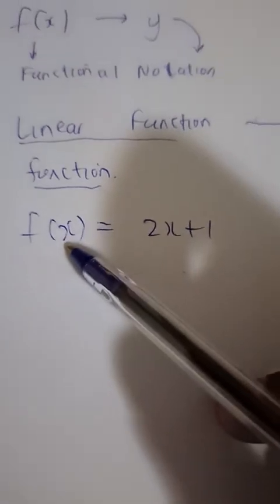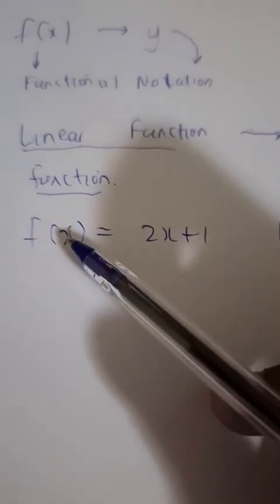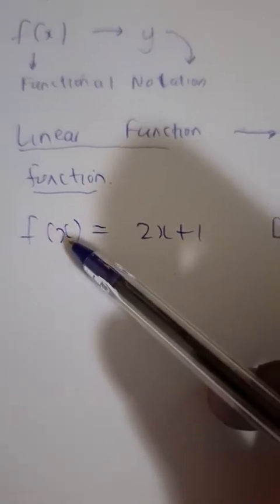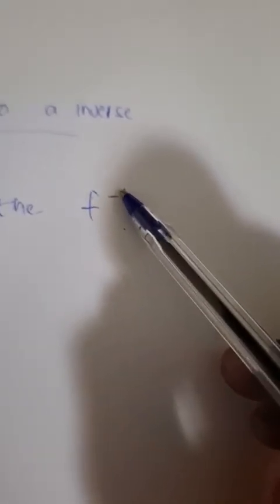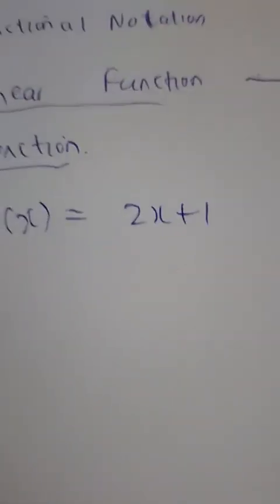So instead of saying f of x, which is the original function, the given function, if we want to say how do we then convert this function f of x to its inverse, this to the power -1 is just to signify that we are looking to convert it to the inverse function.